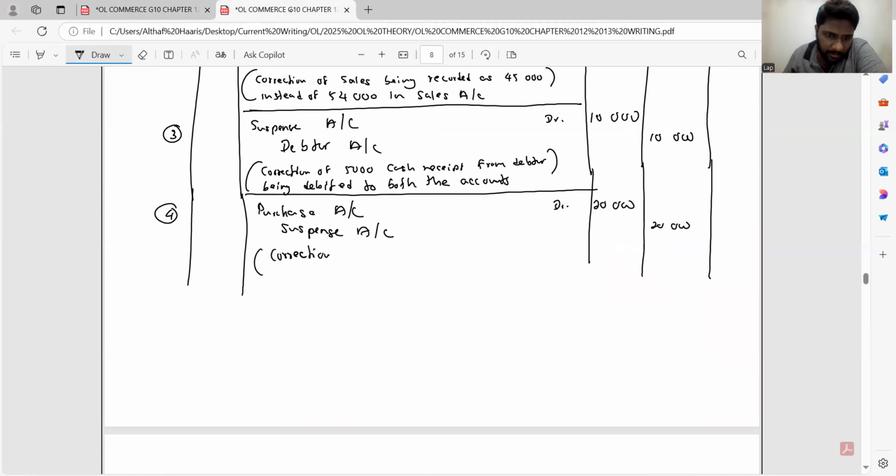Correction of purchase account being erroneously totaled as 5,000 instead of 25,000.